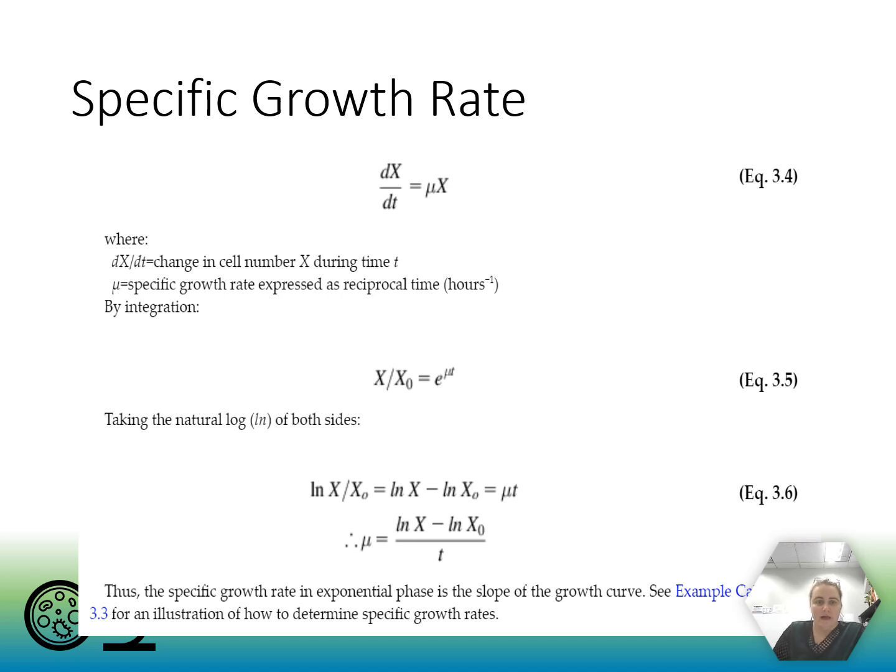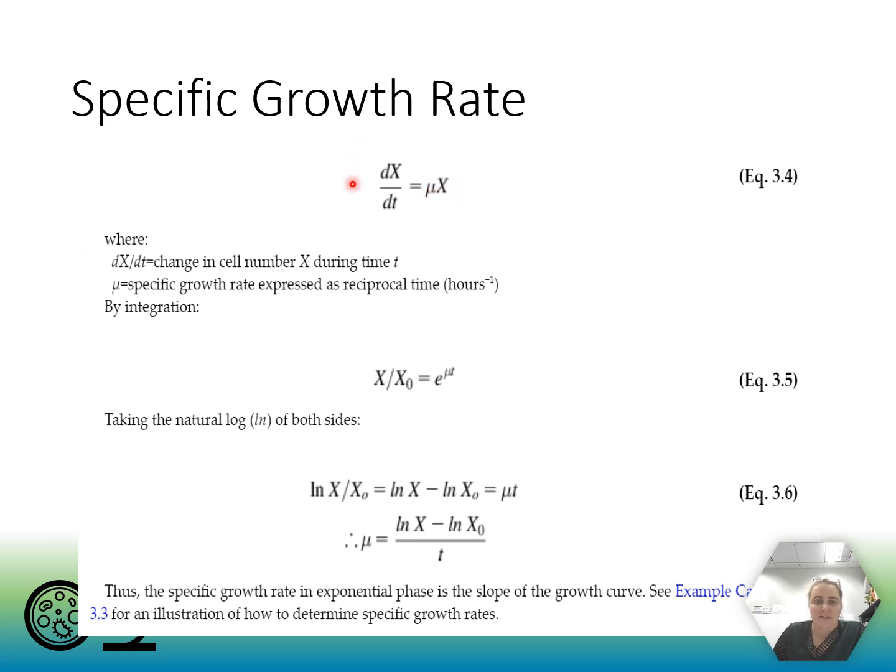Specific growth rate has a formula, and it's differential. So dx/dt is the change of number of cells at a specific time, and mu, this Greek letter mu, is the specific growth rate, and it's represented in units of reciprocal hours, so 1/hours.